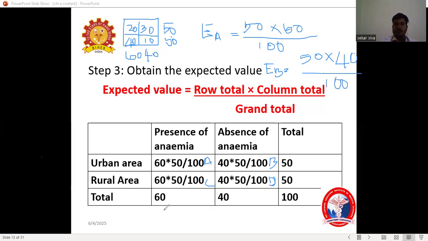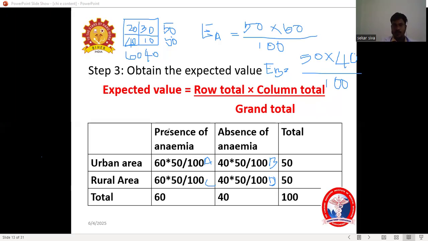100. Okay. For C cell, the row total is 50. The column total is 60. 60 into 50 divided by 100. For D cell, 50 into 40 divided by 100.